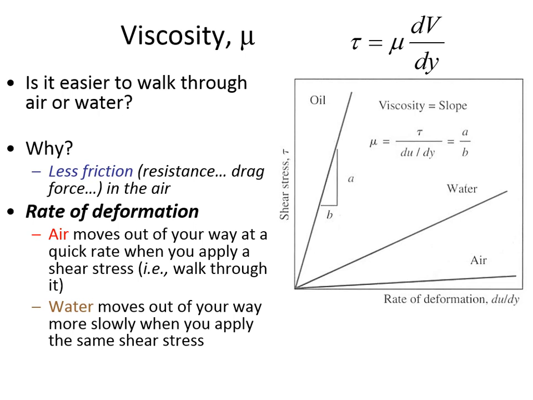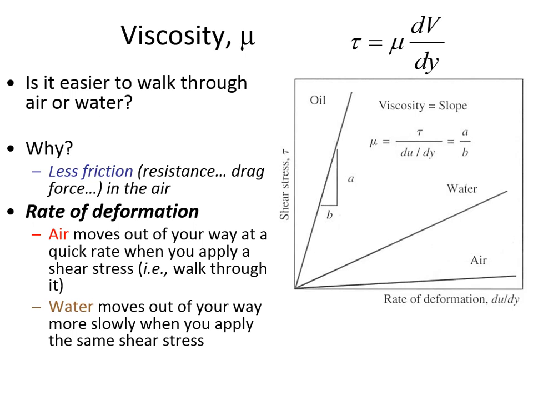I don't have to apply very much shear stress to get the air to deform out of the way when I walk. Water, on the other hand, has less deformation for the same shear stress applied. Oil has an even greater viscosity, meaning that it does not deform as much for the same shear stress applied. And so the slope of these lines, the slope of shear stress relative to rate of strain, that is viscosity. So all we've done here is just rearranged that equation for mu.